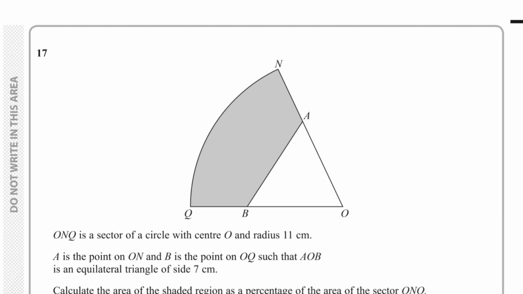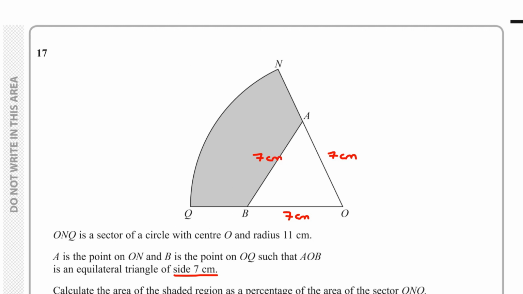So first of all, let's just add in this information. We have an equilateral triangle and each side is 7 centimeters. We have 7 centimeters here, 7 centimeters here, and 7 centimeters here.